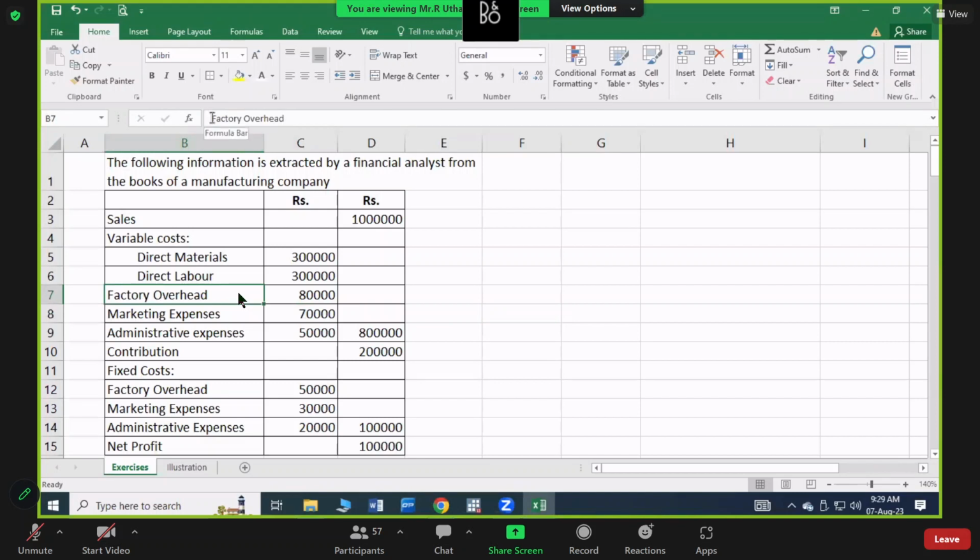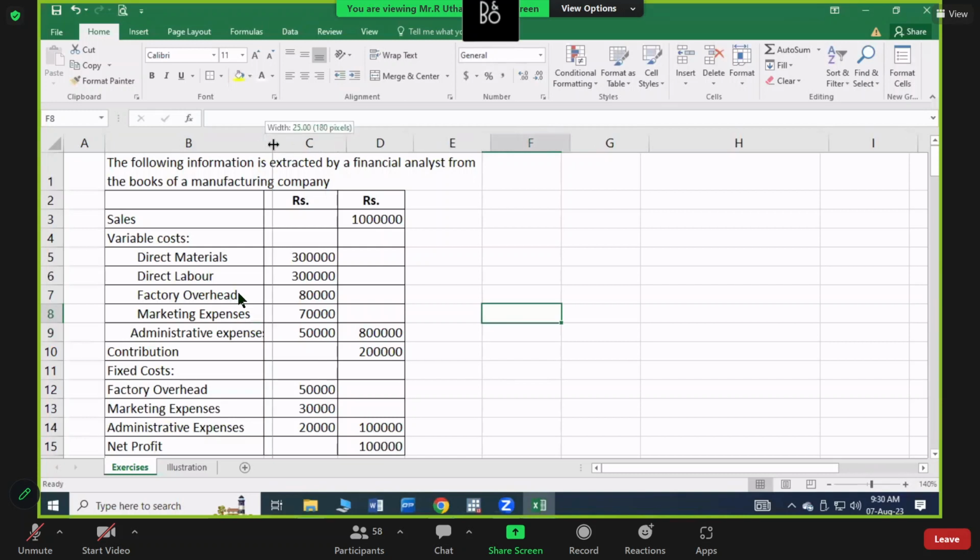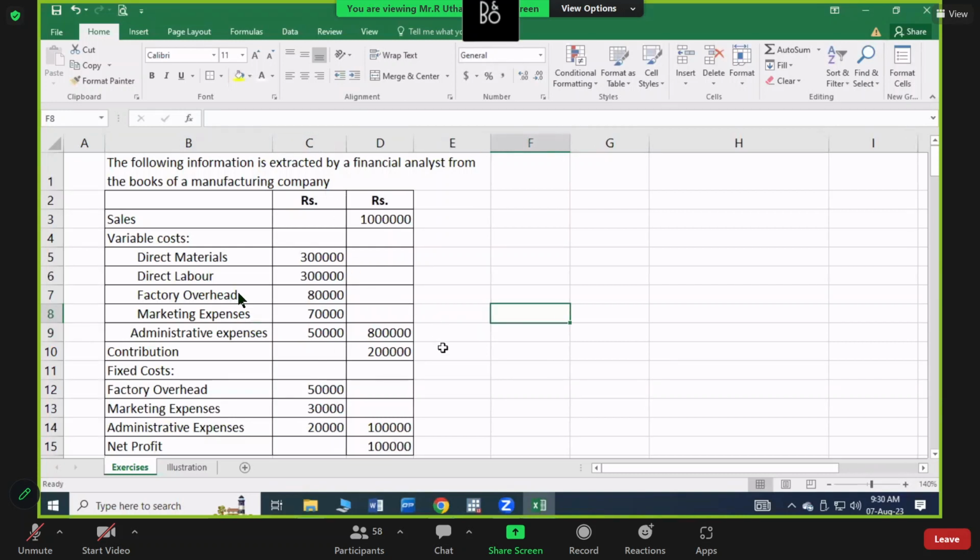Even the overhead, sometimes there will be two categories: one is the variable overhead and the other the fixed overhead.